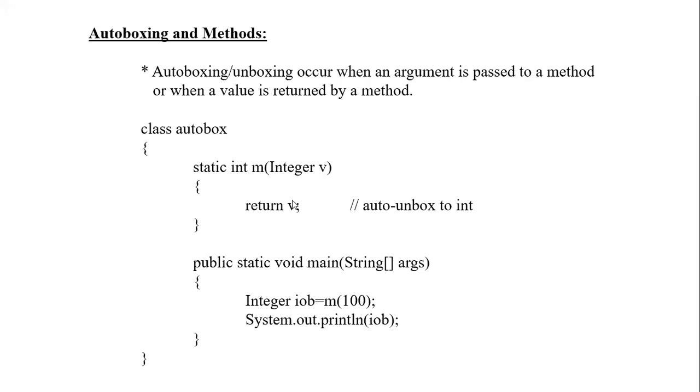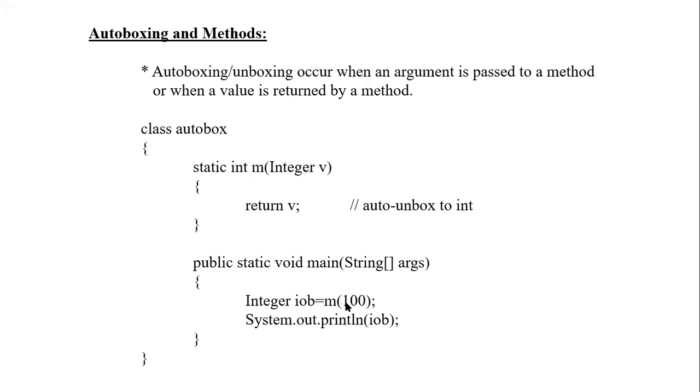So what is happening? Object to primitive type, auto unboxing. From 100 to Integer v, boxing happens. From this particular v to a return type of int, unboxing happens, and System.out.println will get an integer value, that means a primitive value, right?